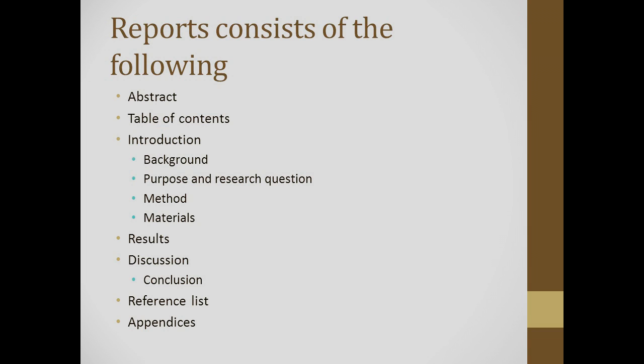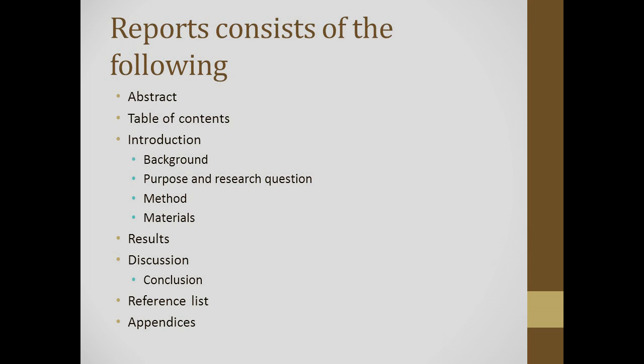And what do these different headlines consist of? So the front page should be the cover of your report. It should contain the name and the title of the report.